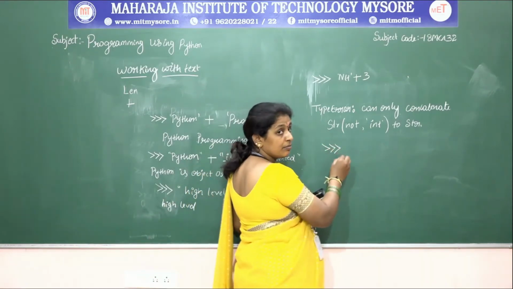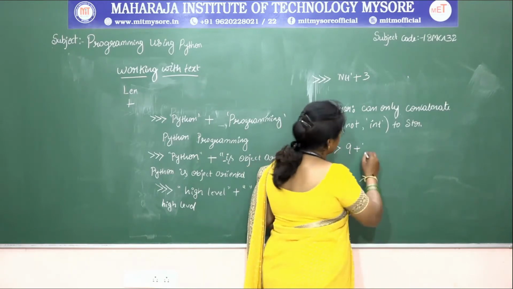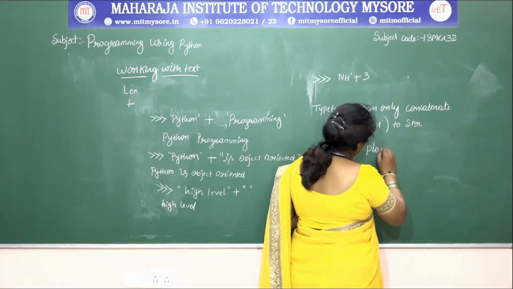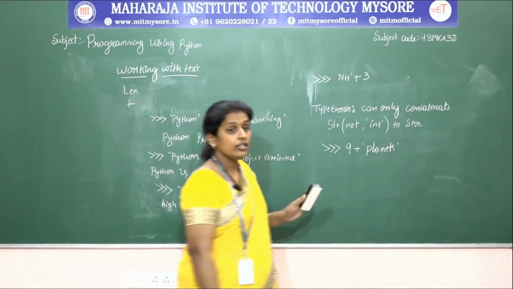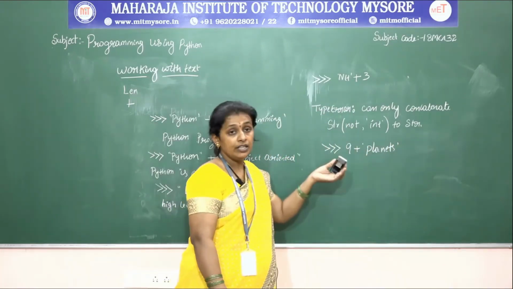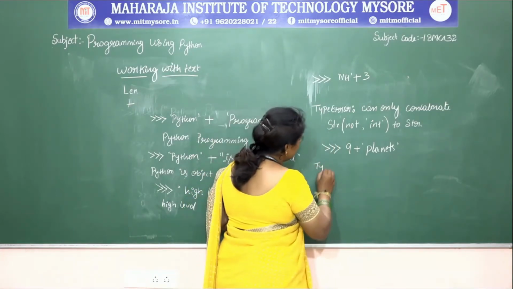Let me give one more example: 9 plus "planets". I will just write the type error itself.